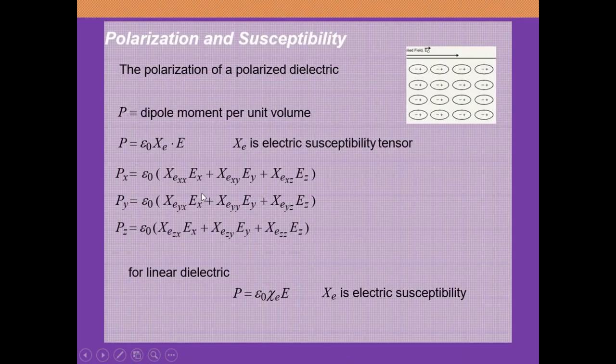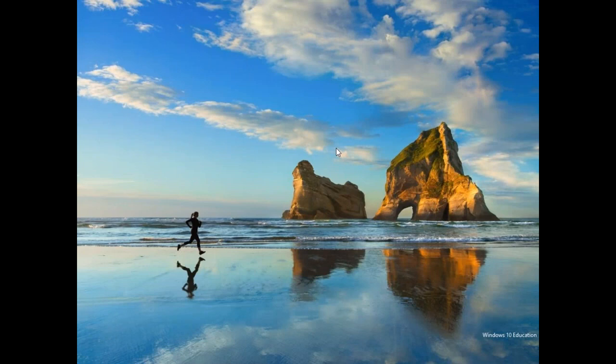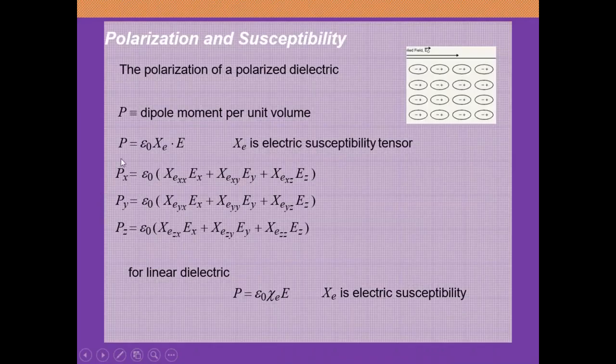Polarization and susceptibility. The polarization of a polarized dielectric is represented as P equals epsilon naught chi_e E, where chi_e is the electric susceptibility tensor, and if you put it in x, y, z components, we have this.